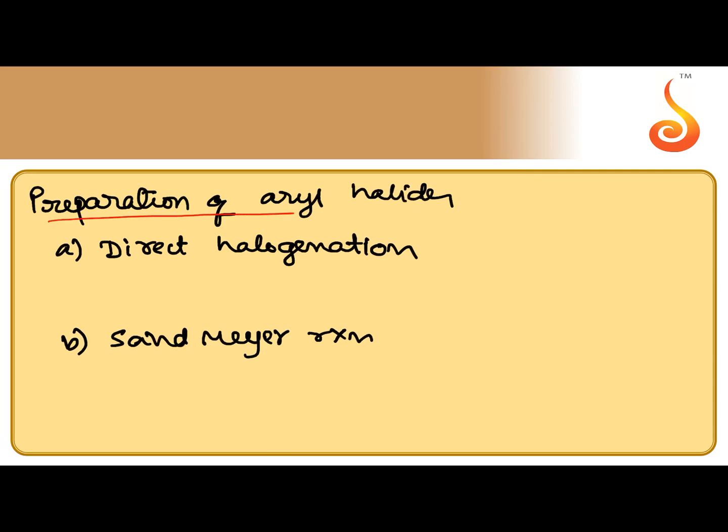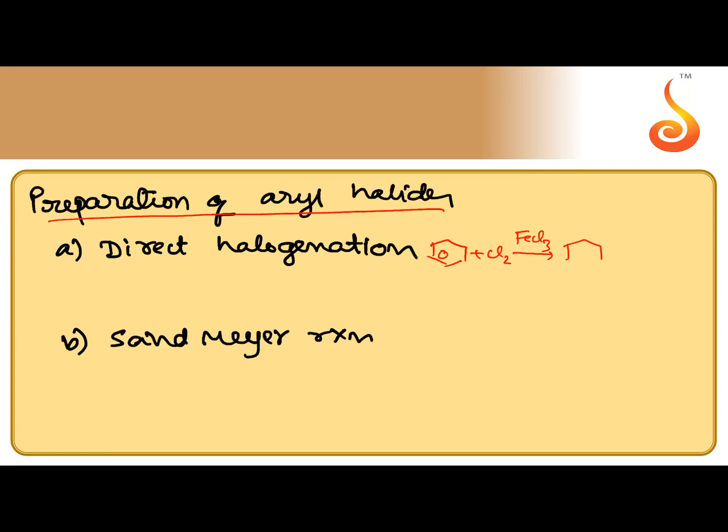Next one, preparation of aryl halides. Aryl halides are prepared by the direct halogenation of arenes or substituted arenes. Let us take benzene. When benzene is reacted with chlorine in the presence of ferric chloride, halogen carrier, electrophilic substitution reaction takes place.